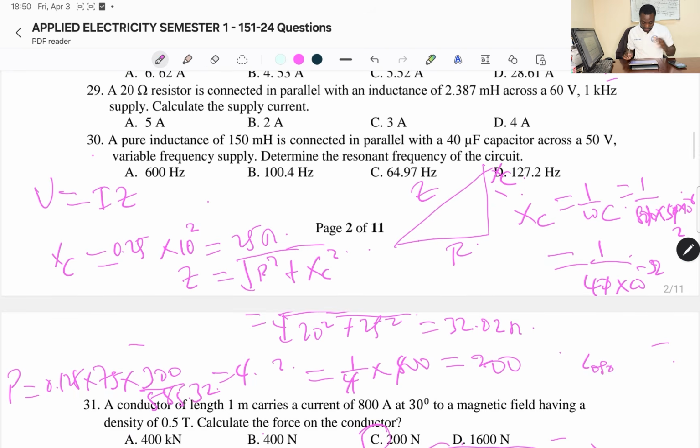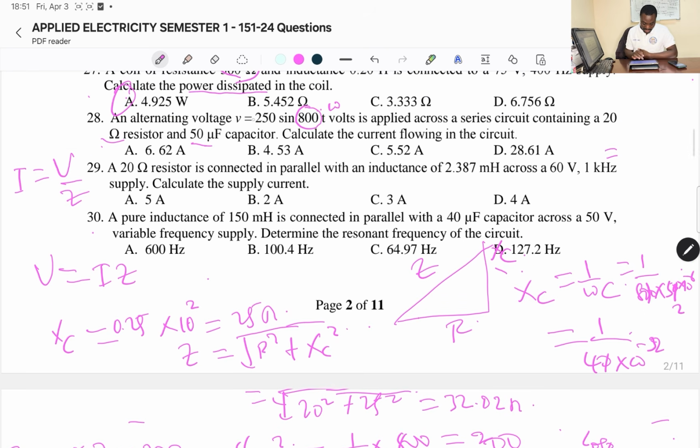With this, I can now get the current. So make current the subject here. Current is equal to the voltage supply over the impedance, which is 32 point. Now to get the voltage supply, you have an alternating voltage.